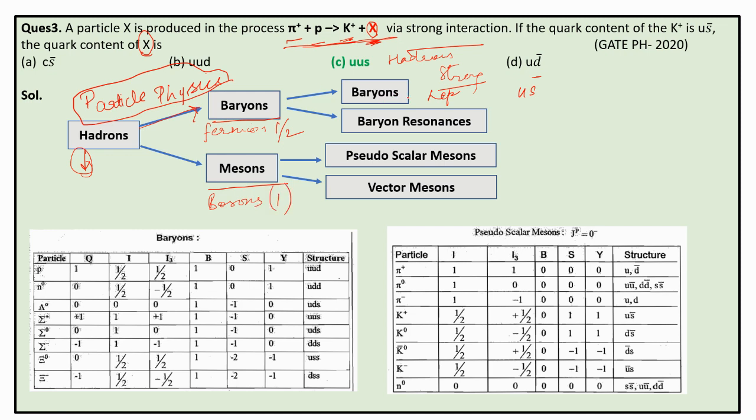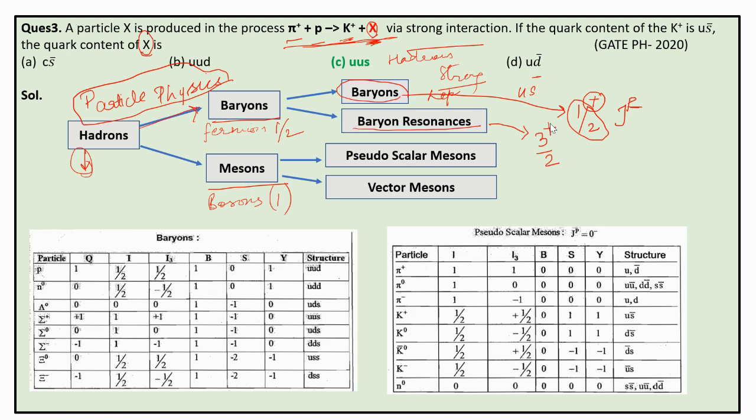These baryons are further divided into baryons and baryon resonances. For baryons, we have 1/2 positive, that means angular momentum is 1/2 and parity is positive. For baryon resonances, we have angular momentum 3/2 and parity positive.